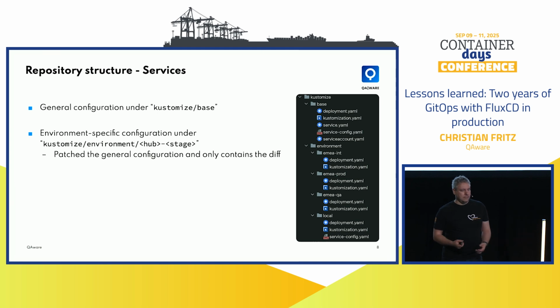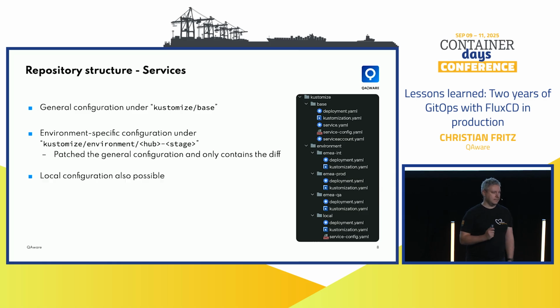And the main reason why we chose this directory structure was that we can patch the base layer with our configuration. So a deployment file in the production environment only changes the number of replicas and everything else is the same as in the base layer.